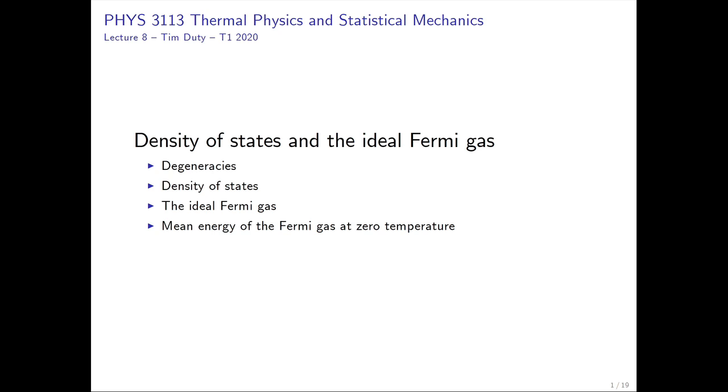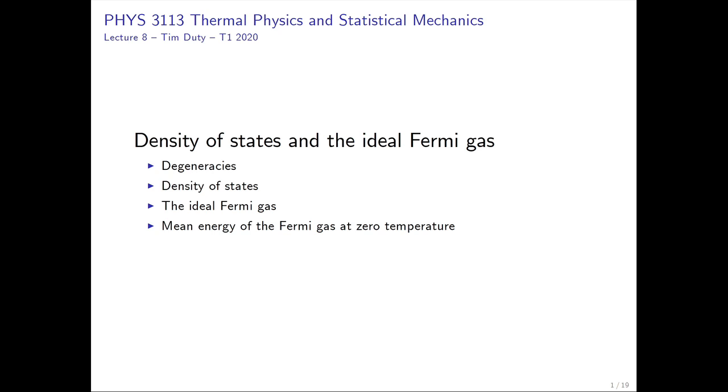Now, in Lecture 8, we are going to talk mostly about the ideal Fermi gas, but we're going to start out with a little bit of discussion of degeneracies and more importantly, density of states. And this density of states is something you'll use in almost everything we do for the rest of the course. So we'll spend some time with that and explain how that works.